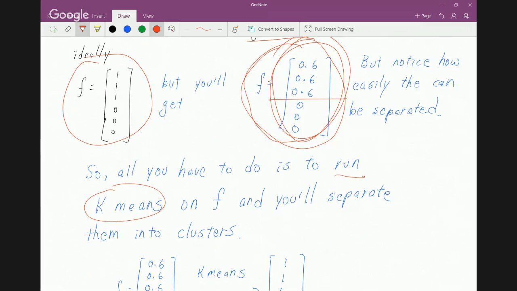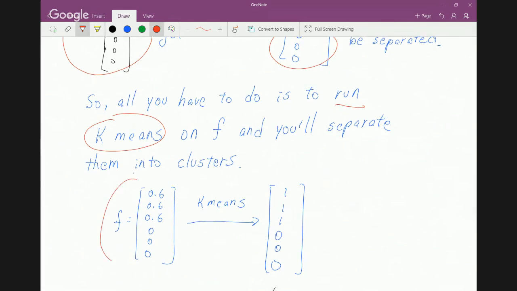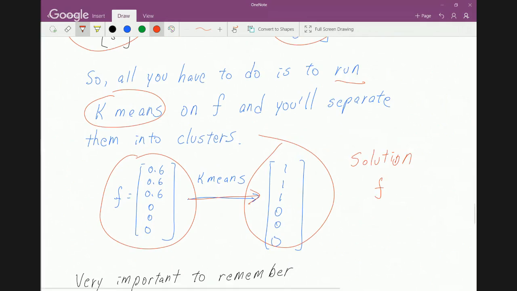The k-means will automatically separate this and this out. So we start from here, run k-means, we get this. And here is our final solution, F. And that's how you get the clustering using spectral clustering.